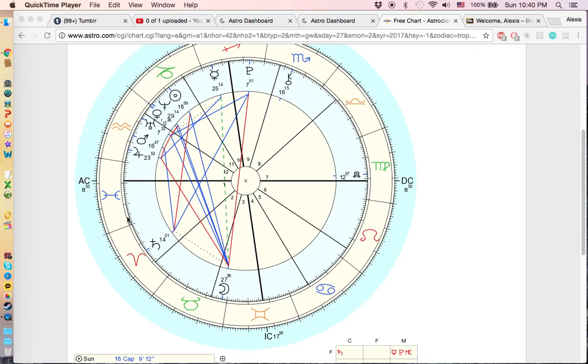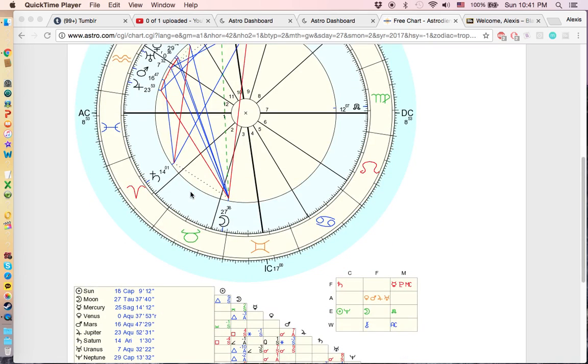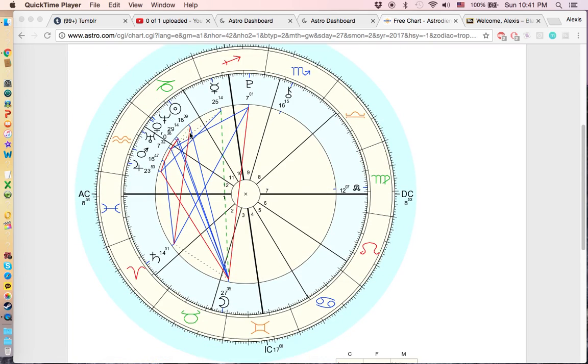So yeah, last part is the aspects. So you're probably wondering, how do I find my aspects? Like, how do they work? Well, here it is. These random lines that you see between the planetary glyphs are called aspects. If I remember correctly, the blue lines are harmonious aspects, while the red ones are disharmonious.